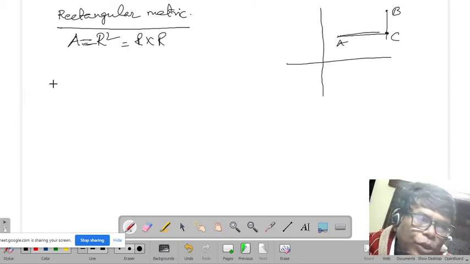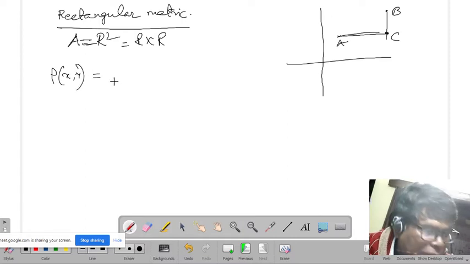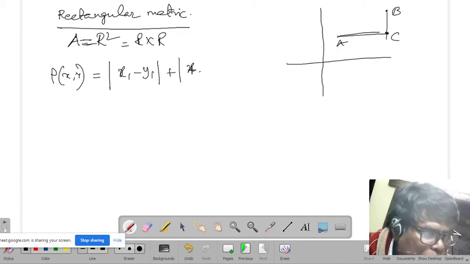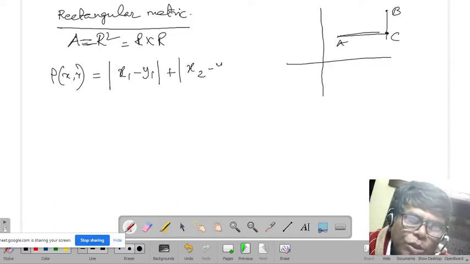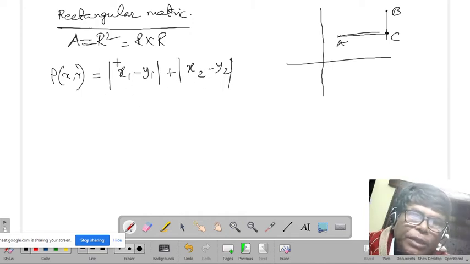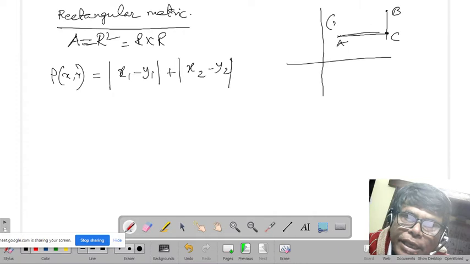Now see, rho xy is defined as modulus of x1 minus y1 plus modulus of x2 minus y2. In this way it is defined. The point A is x1 x2 and the point B is y1 y2.